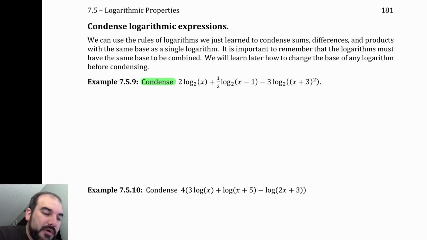Well, we're going to do everything backwards. The first thing we're going to do is take all of these coefficients and pop them up into the exponents of whatever is inside each logarithm, so that we have just the logs added and subtracted from each other. So when we rewrite this first term here, the 2 log base 2 of x will become log base 2 of x squared.